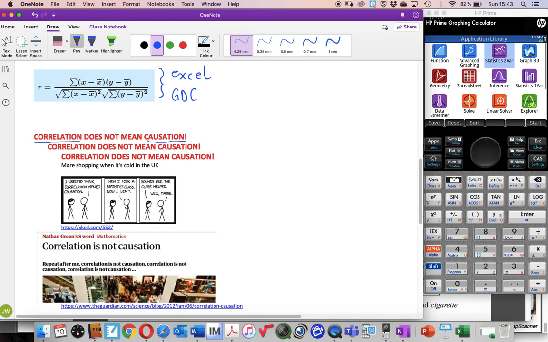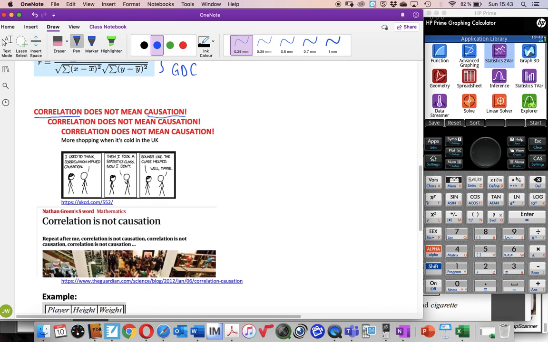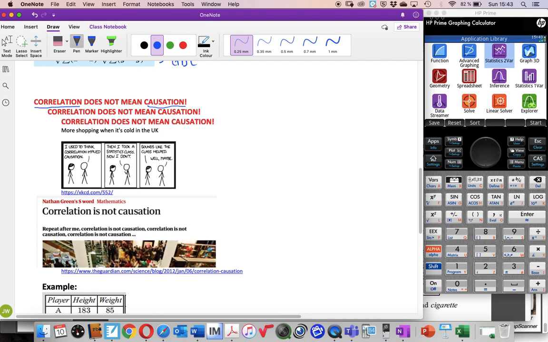So an example that I found here was that when it's cold in the UK, people are shopping more, okay? So an easy conclusion would maybe come, oh, well, the cold causes people to shop more, where in fact it gets cold in November and December, and this in the UK is coming closer to Christmas time, and of course people tend to go to the malls more, okay? So be very, very careful.